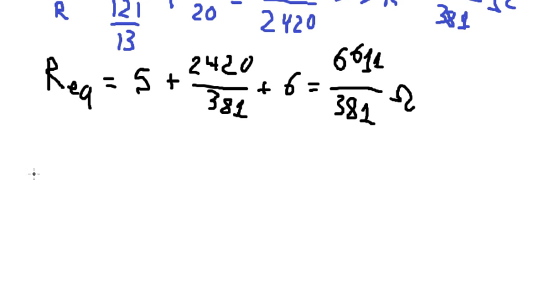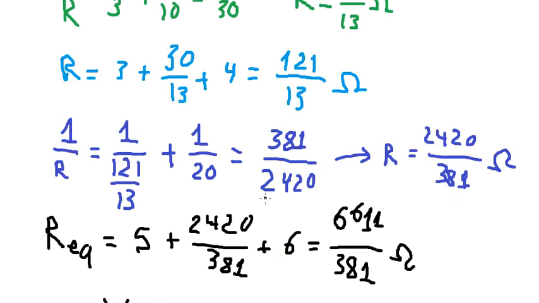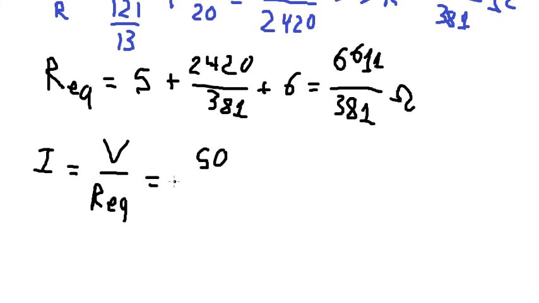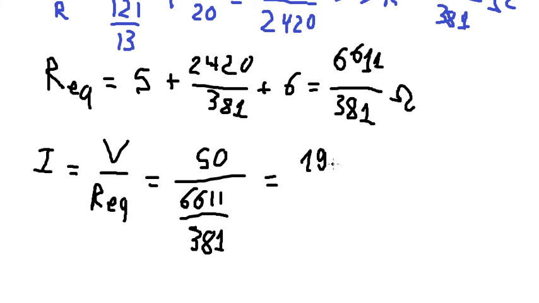Now we need to find I. We have V divided by R equivalent. So V in here we have 50. We divide by this one. So we got 19,050 over 6,611, and that's about amperes in here.